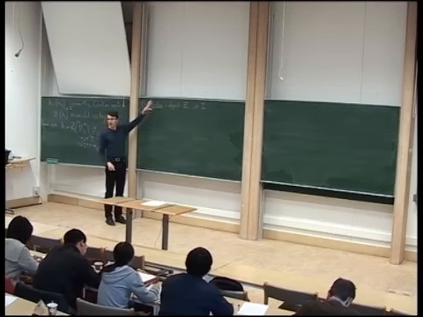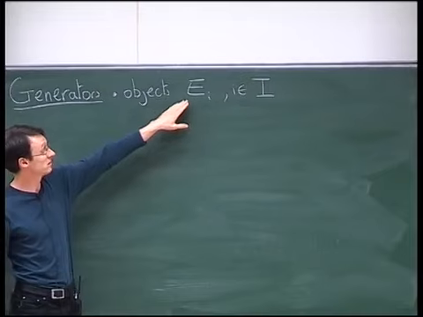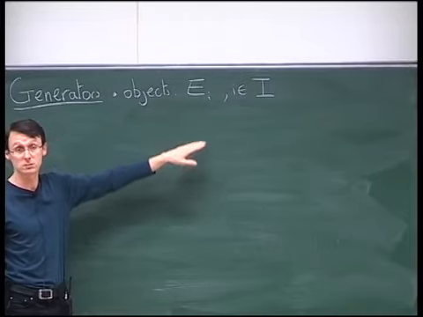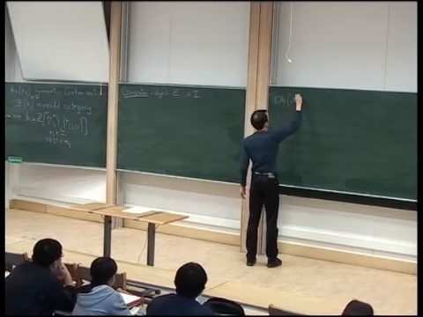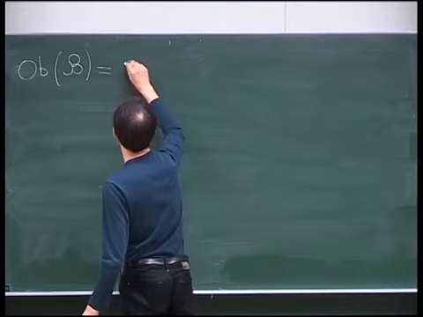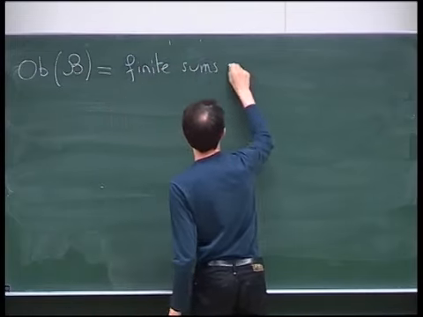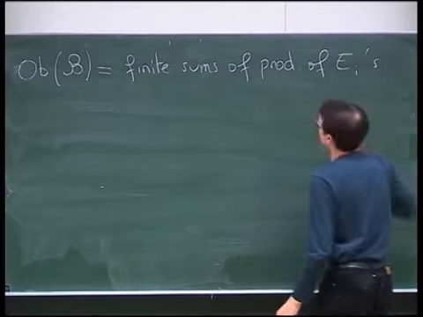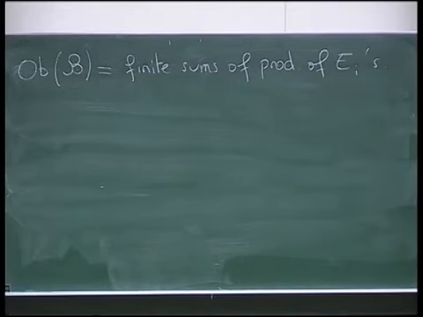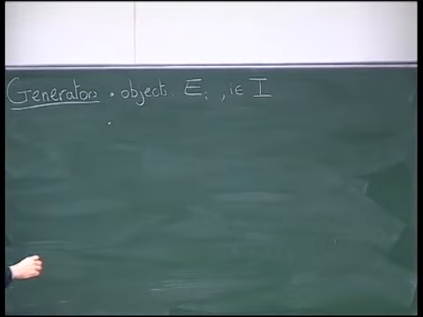So when I talk of generators, I also include that additive structure, which means the objects in my category are going to be sums of products of E_i's. So the objects are quite easy to describe. So now I want to put maps between the objects.